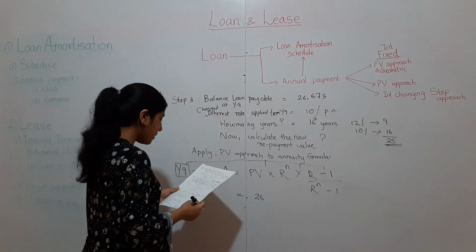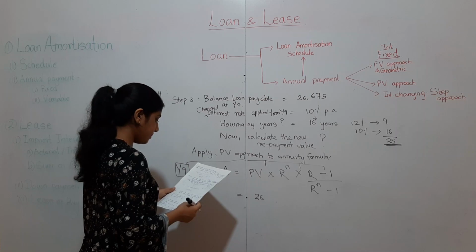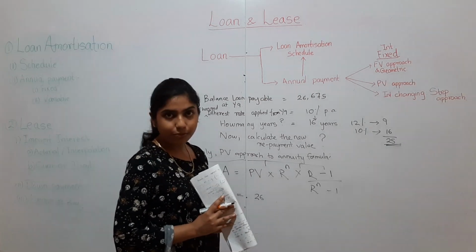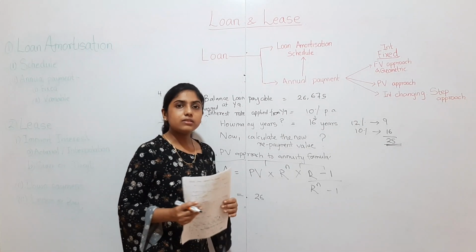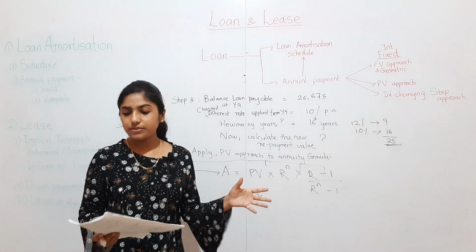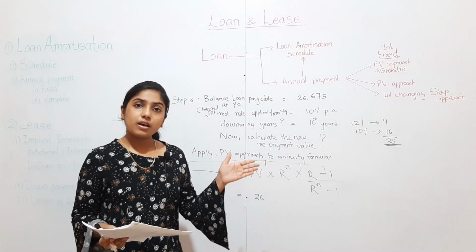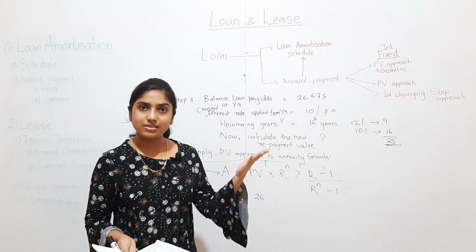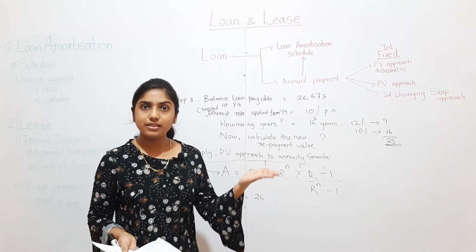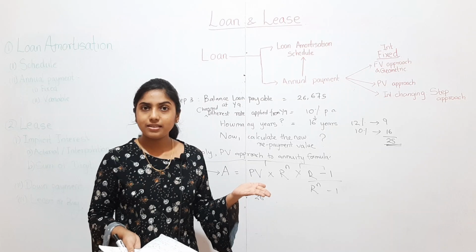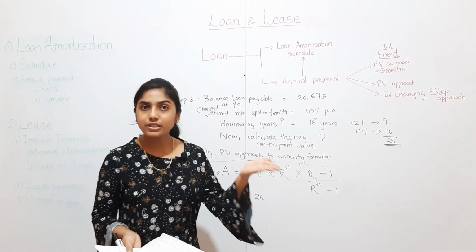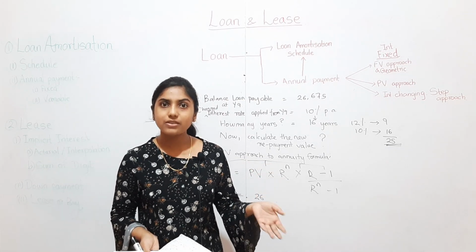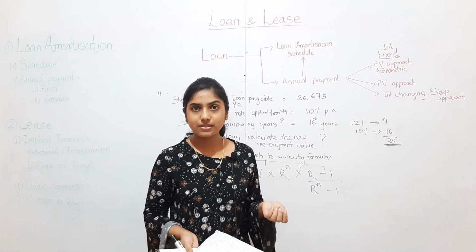Which was 26,675, because 30,000 was the loan, but we have made some payments up until year 9. So the loan balance will definitely be less because we have paid some amounts.